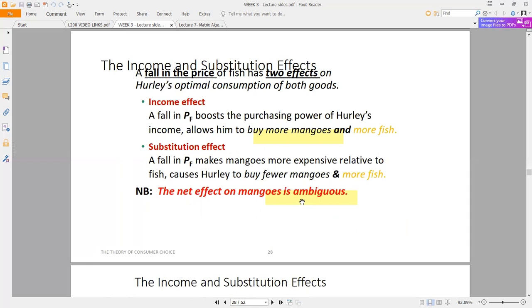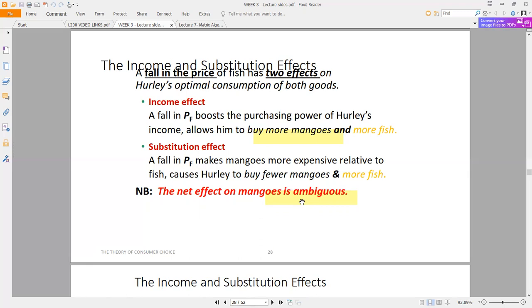If there is a change in price of any commodity in the real world, what we actually realize in the market is the total effect. But within this total effect is what we call the substitution effect and the income effect. So let's try and decompose the total effect into substitution and income effect.